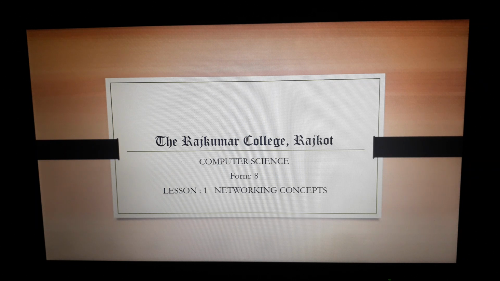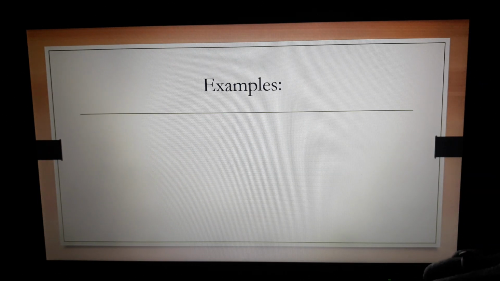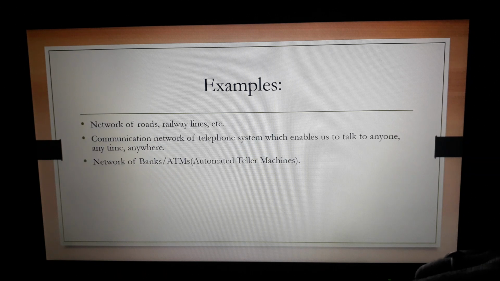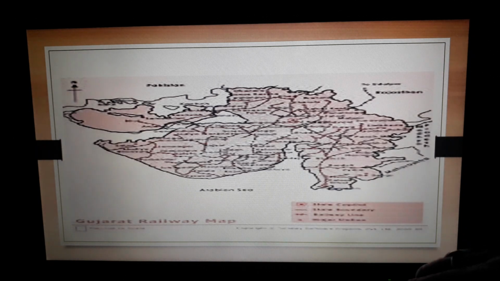Before I start the next point, let me quickly recap what I explained last session: the introduction of a network. I gave some examples like road network, railway network, bank network, hospitals, and schools.